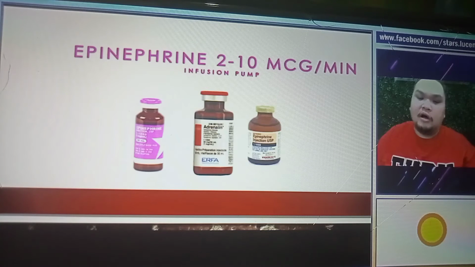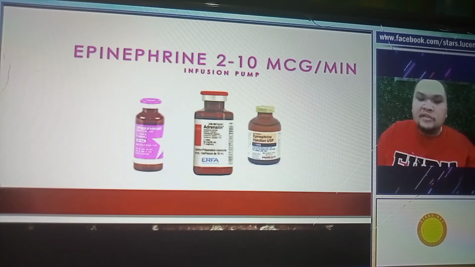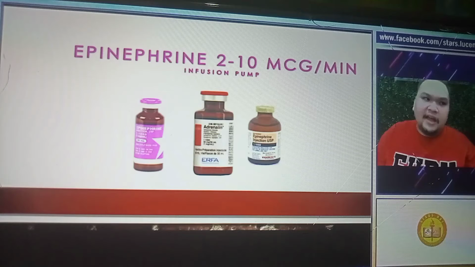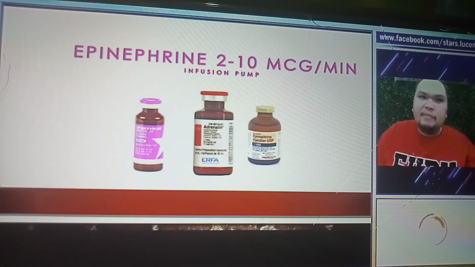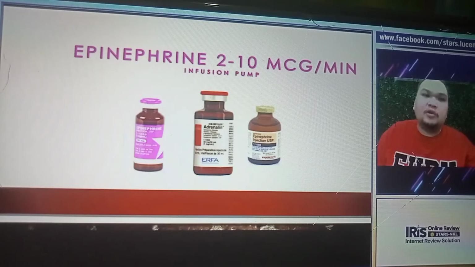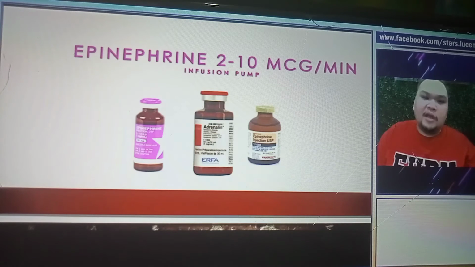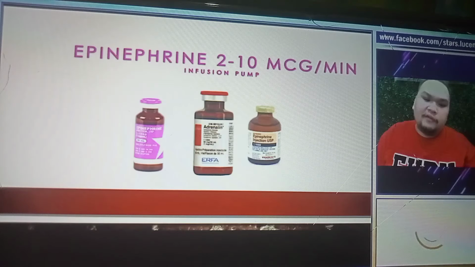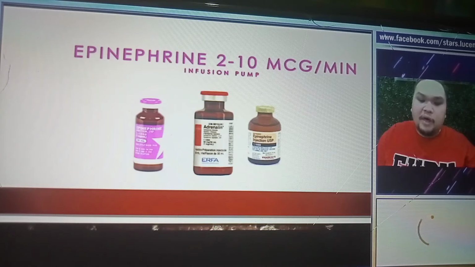Okay, so after which, be reminded, okay, ang binibigay natin na medication, hindi yan sabay-sabay binibigay sa pasyente. Every, okay, 2 minutes after giving the medication, wait for 2 minutes. You have to wait for the heart to actually respond on the medication or the intervention that was given to it.